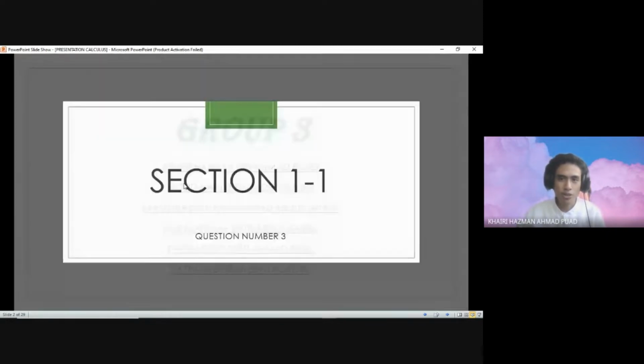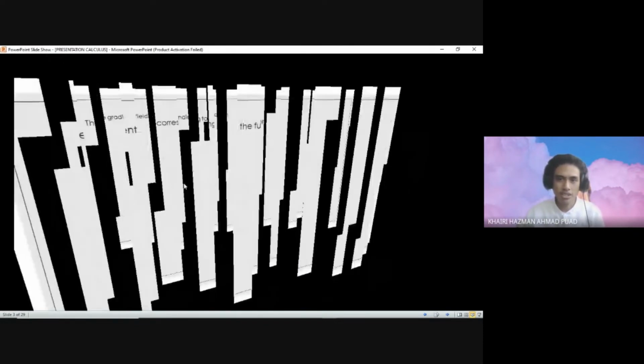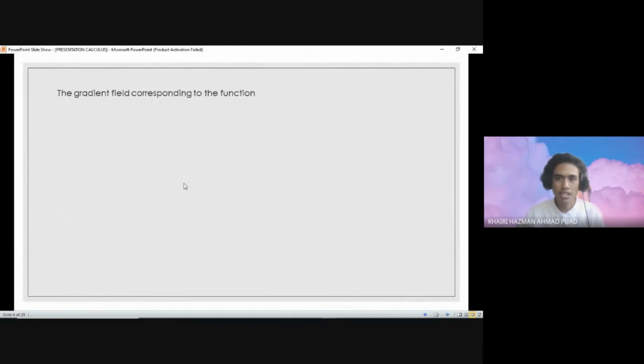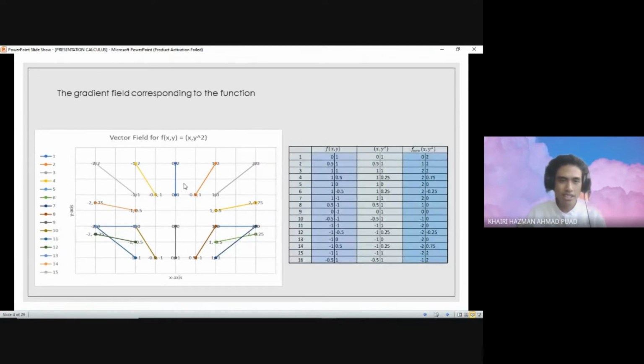Next, for the question, section 1-1, question number 3. The question asks us to draw the gradient field corresponding to the function. As shown in the slide, this is the vector field for the function f(x,y) equal to x y squared.